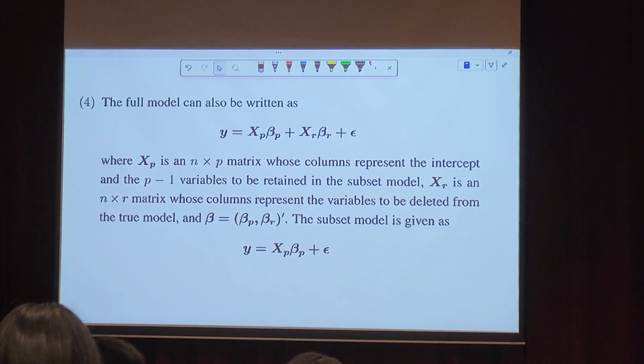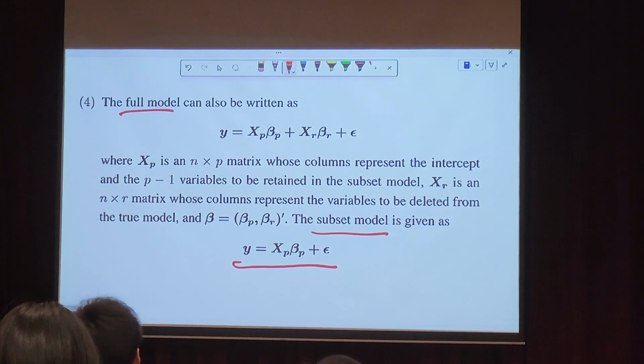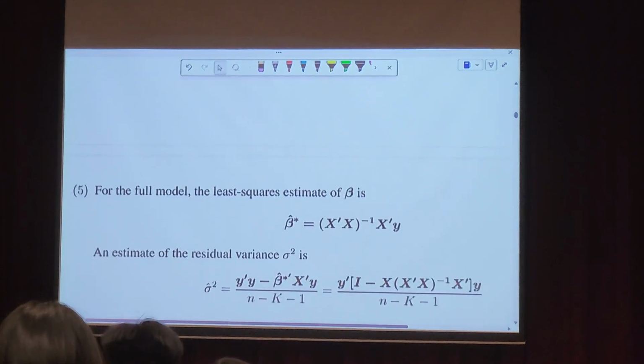If you delete the Xr term, you get a subset model. So this is your subset model, and this is your full model. So beware of the notation.